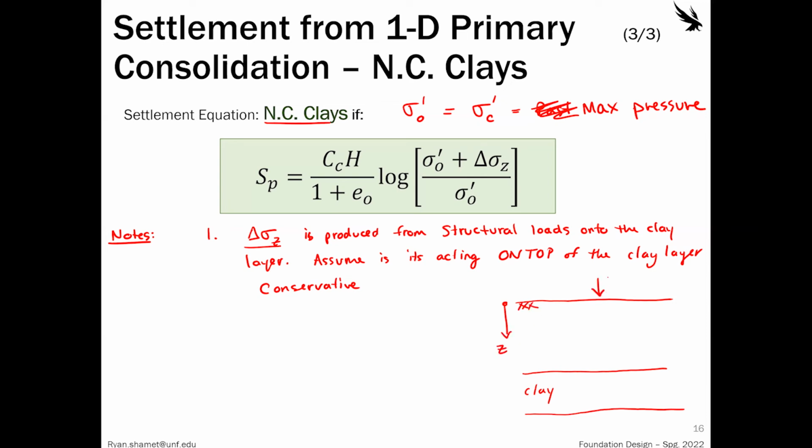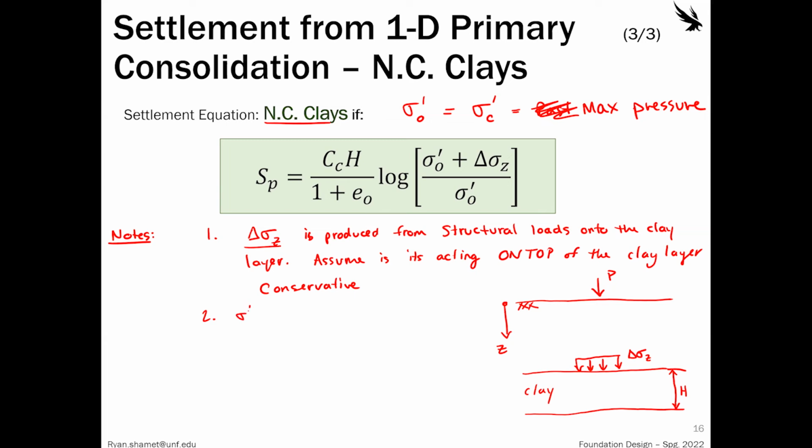Right, we have loading here. That delta sigma Z here is going to be largest when it's on top of the clay layer. So that's why we always take that one here, and it's almost a conservative value.